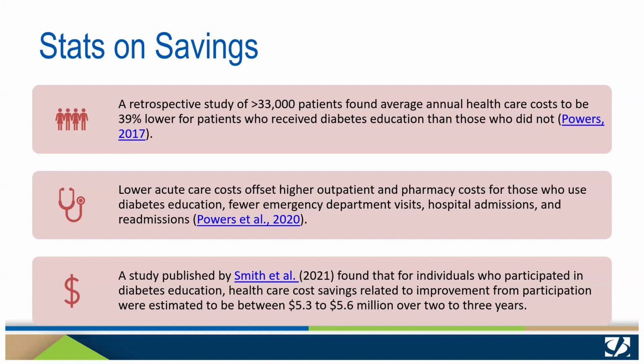Also, they tend to experience lower acute care costs, which are offset by higher outpatient and pharmacy costs for those who use diabetes education, but ultimately saving due to fewer emergency department visits, hospital admissions, and readmissions. And finally, a study published by Smith et al. found that for individuals who participated in diabetes education, healthcare cost savings related to improvement from participation were estimated to be between $5.3 and $5.6 million over 2 to 3 years.